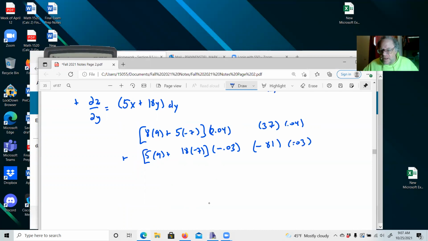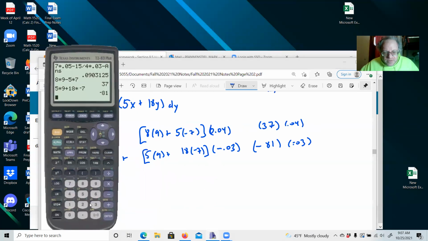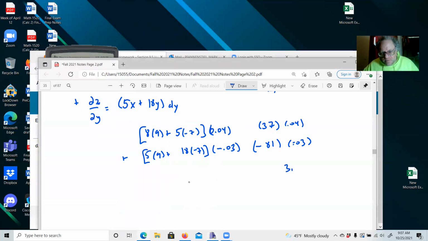Then we add these up. So we have 37 times 0.04, and a negative times a negative is a positive, so plus 81 times 0.03. We end up with 3.91.